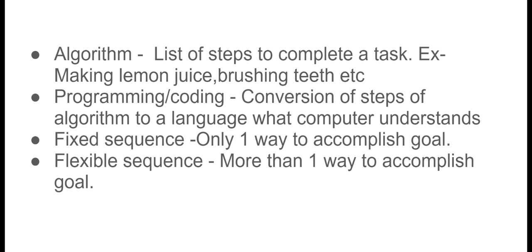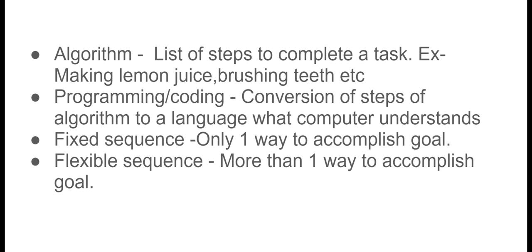If you list out the steps in those tasks, like bringing a lemon, bringing a glass, and then squeezing the lemon. If you write down the steps for preparing lemon juice, it would come to nearly 10 to 15 steps. We may not know it while making the lemon juice, but if you sit and write a list, it will come up to 15 to 20 steps. That list of steps in order to complete a task, which is making lemon juice, is called an algorithm.